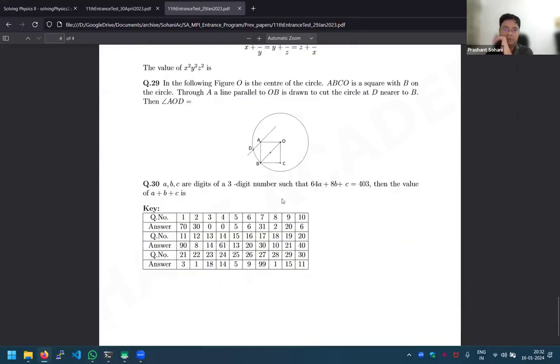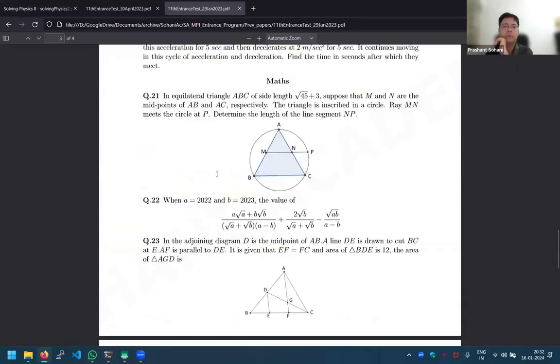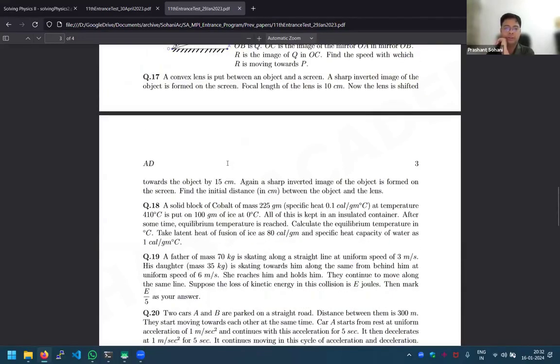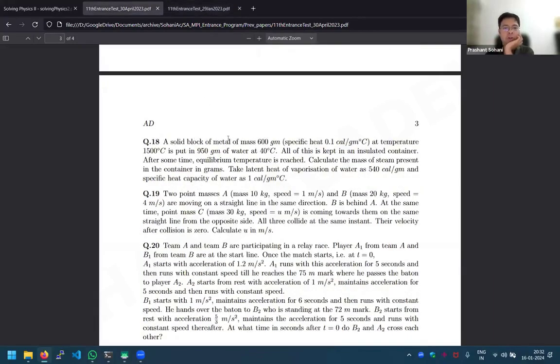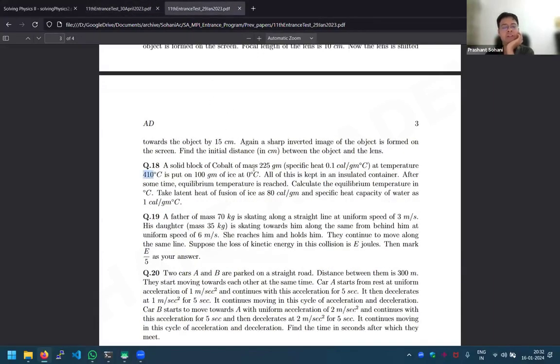10 degrees. So that cobalt block, just think about it, was just at 400 degrees Celsius. And even that much heat difference was enough to convert all the ice into water and still continue increasing the temperature. Compared to that, this time the block is also larger in size. See, everything is larger.